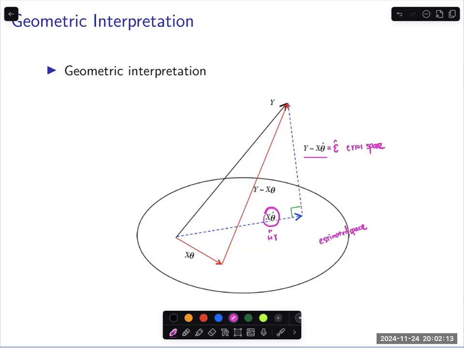So what is the red line representing? The red line represents the truth. As you can see here, theta hat is not necessarily the true theta. That's the reason why we are using X to estimate Y. In the real case, this would be the epsilon and this line would be the X theta.